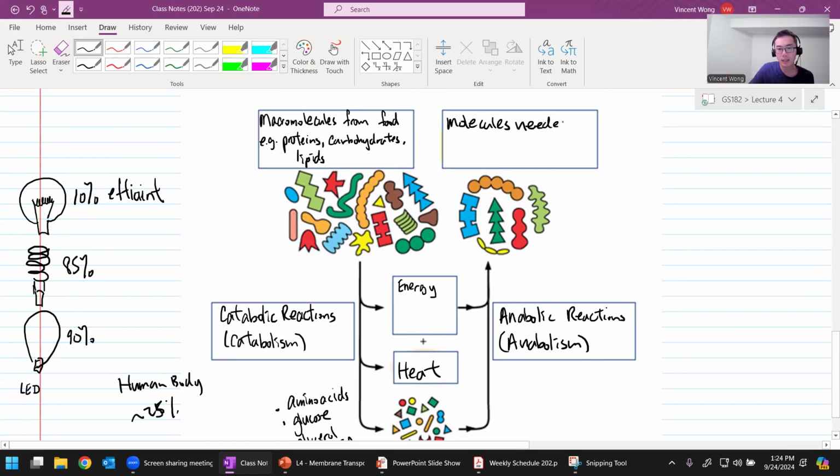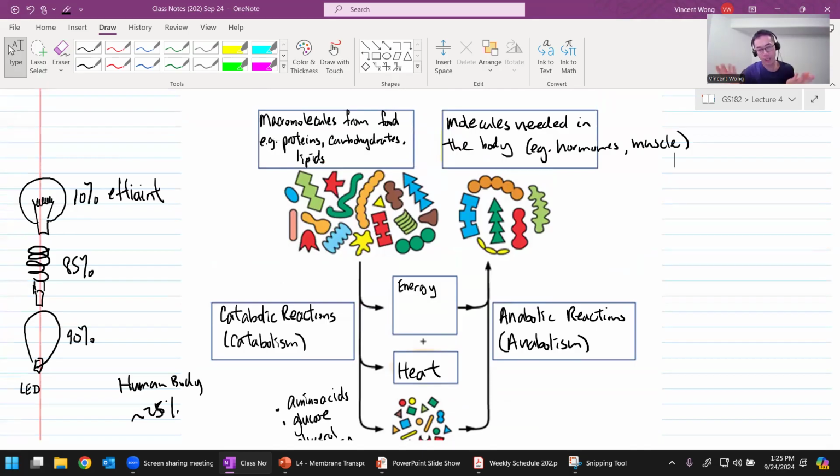There are many things that we need, like hormones, muscle. For example, fingernails are proteins, right? But we don't eat fingernails to produce fingernails. We eat meat to get the protein. The proteins are broken down into amino acids, and then your cells at the fingertips use the amino acids to build the fingernails, right?